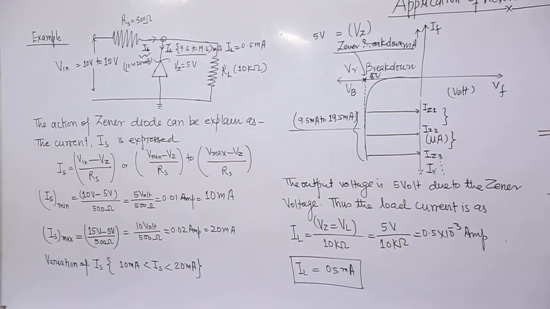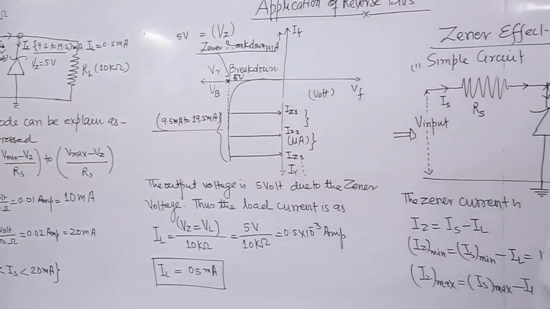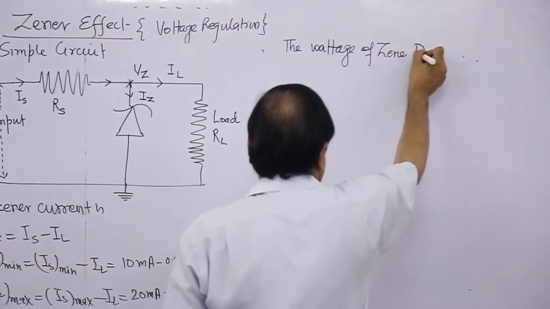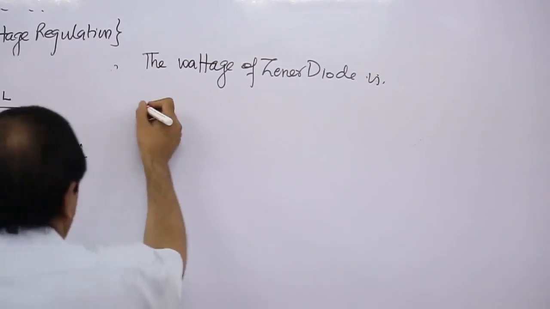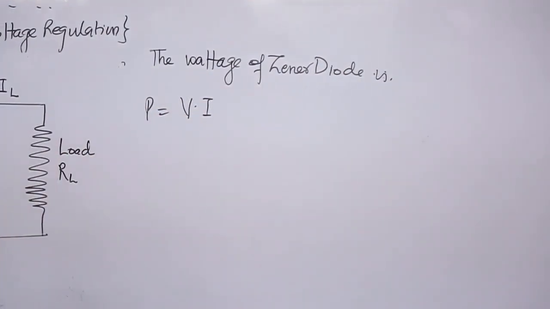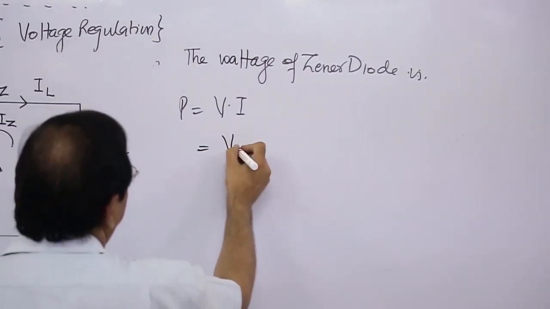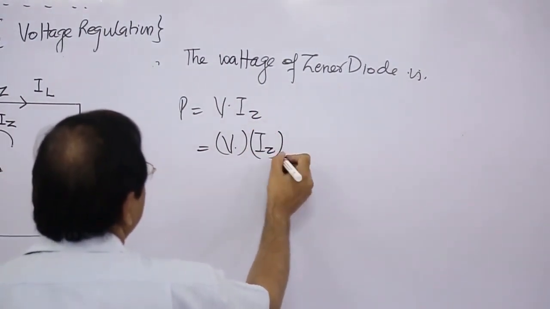The wattage of the Zener diode is P is equal to V into I. So, in this case, we take V and IZ max.